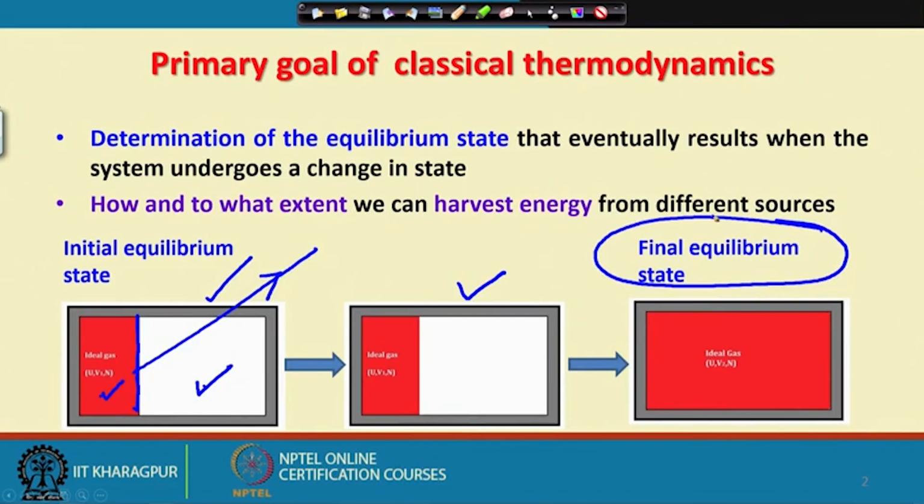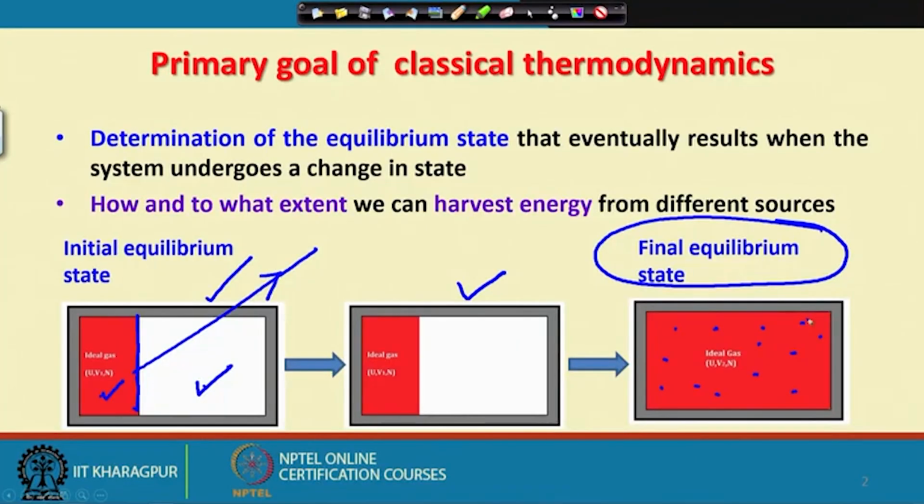From our experience, we know that this ideal gas is next going to fill up this entire box, and once it has filled up this entire box, it will not undergo any further change in state, and if I go on measuring its properties, they will be independent of time if no further external perturbation is provided.